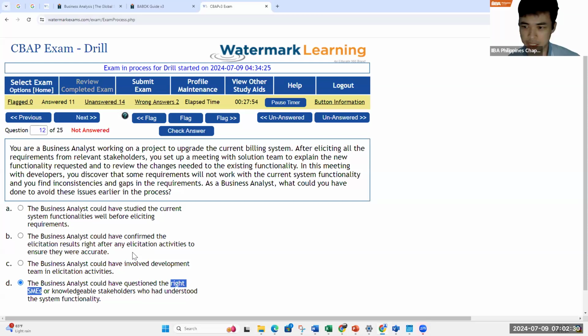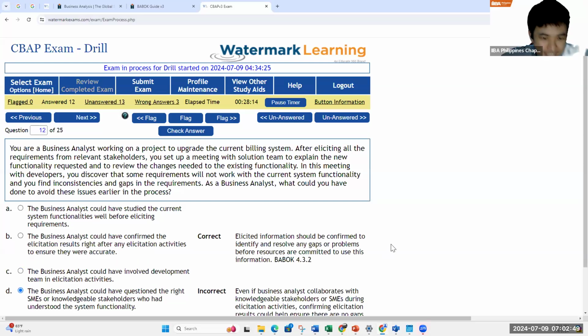And then Michelle says A, the business analyst could have studied the current system functionalities well before eliciting requirements, implying that the preparation wasn't enough. But I think we have more D's, so we can go with D due to popularity. All right.